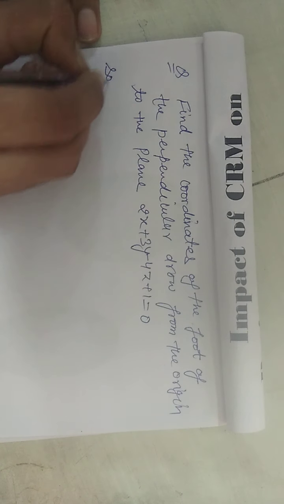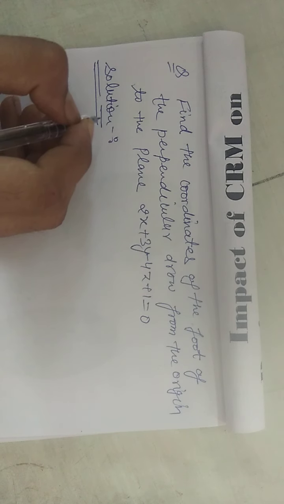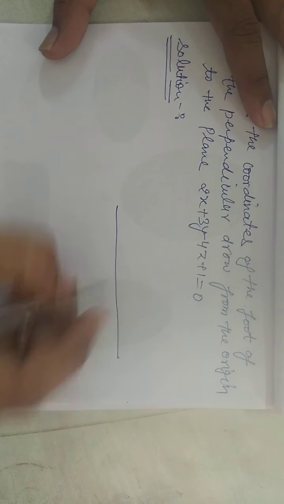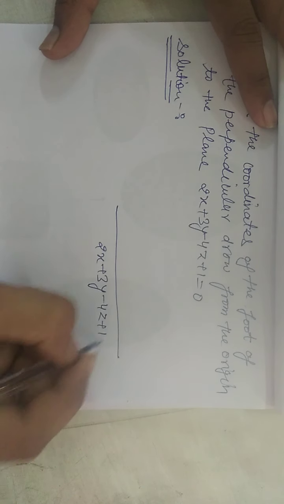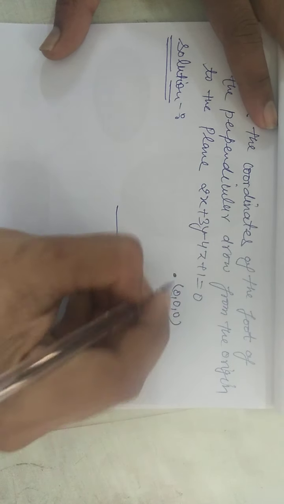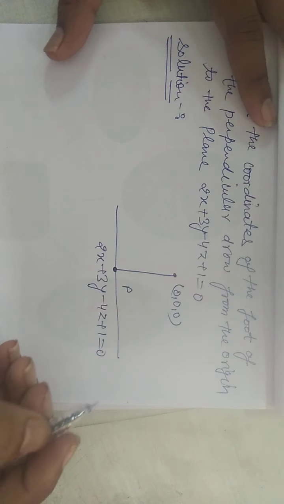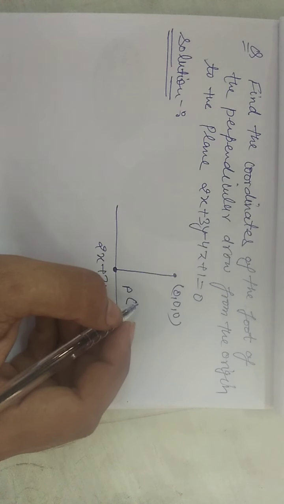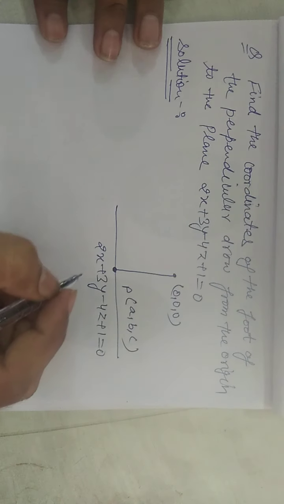Solution. This is the plane 2x plus 3y minus 4z plus 1 equal to 0, and the point is (0, 0, 0), and draw the perpendicular to find the coordinates of P. Let the coordinates of P equal to (a, b, c).